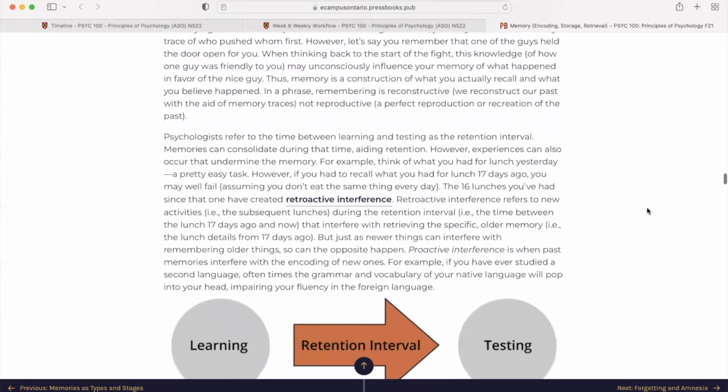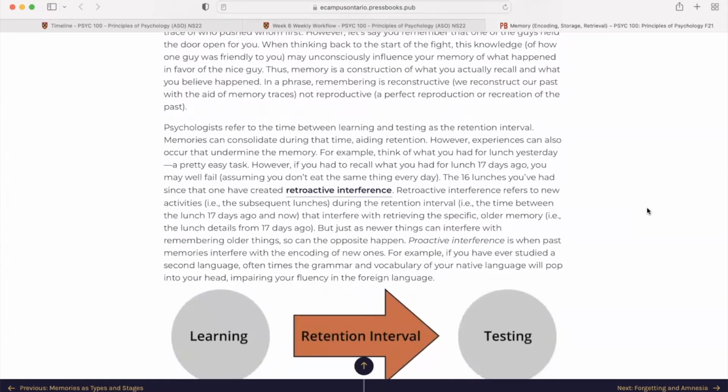Psychologists refer to the time between learning and testing as the retention interval. Memories can consolidate during that time, aiding retention. However, experiences can also occur that undermine the memory. For example, think of what you had for lunch yesterday. A pretty easy task. However, if you had to recall what you had for lunch 17 days ago, you may well fail, assuming you don't eat the same thing every day.